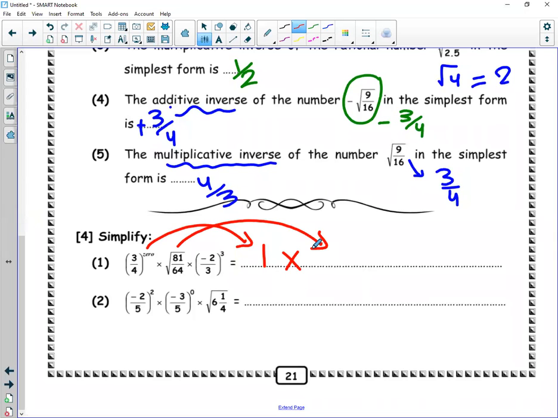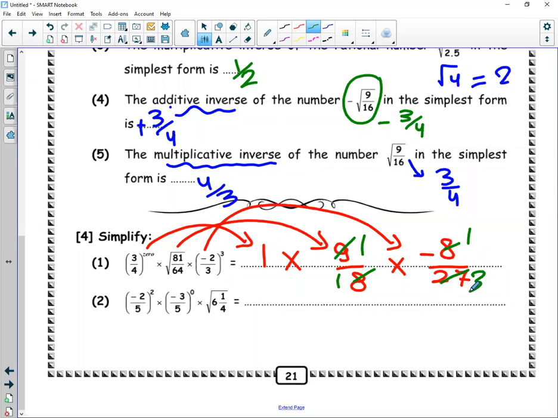The answer of it will be 9/8 and -2/3 power 3. The answer will be -8/27. By using the calculator or by cancellation, divided by 8 equals 1, divided by 8 equals 1, and divided by 9 equals 1, divided by 9 equals 3. So the answer will be -1/3. You can use the calculator directly.